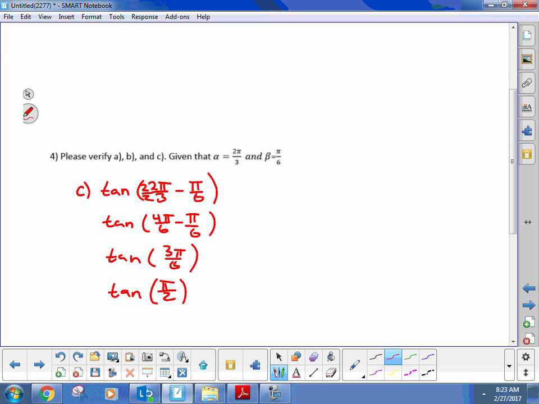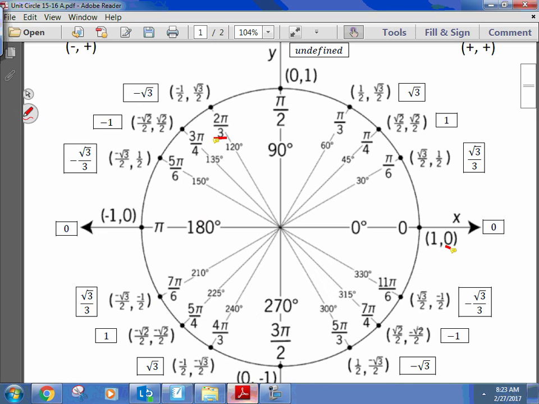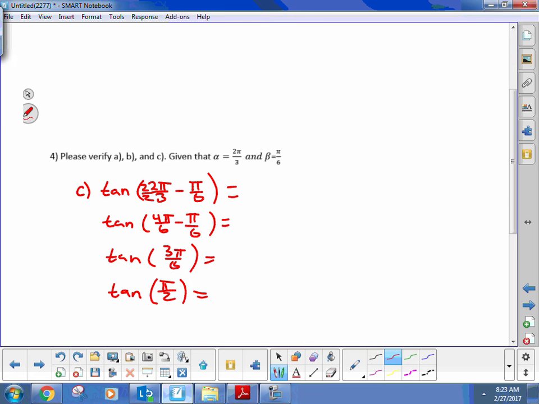Oh, very interesting. This proof is going to be a little bit new in the sense because we really don't cover this a lot, but when we look at the tangent value of pi over 2, we discover it's undefined, which means that I should be expecting when I'm solving this one, this is undefined as a result.